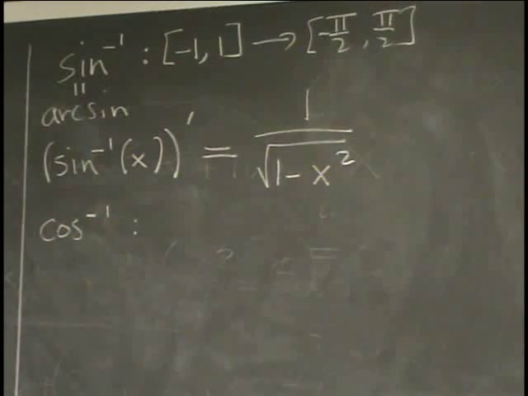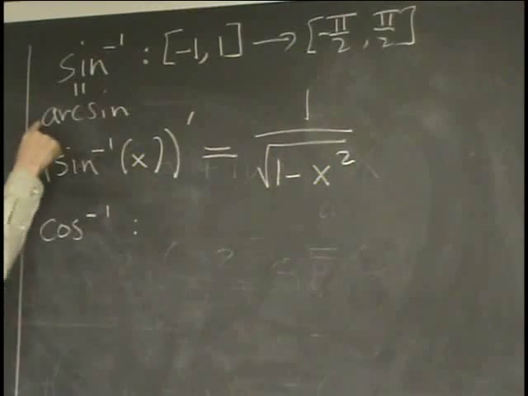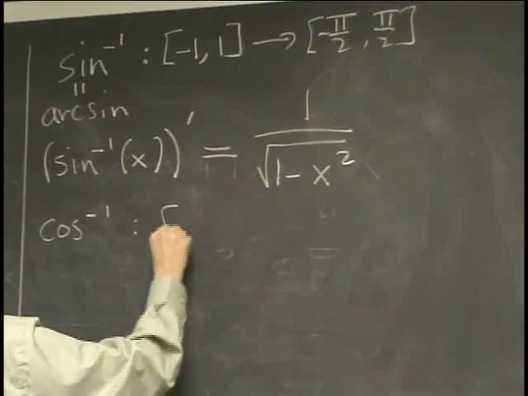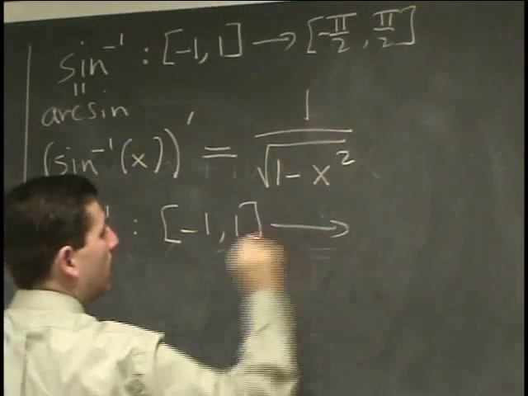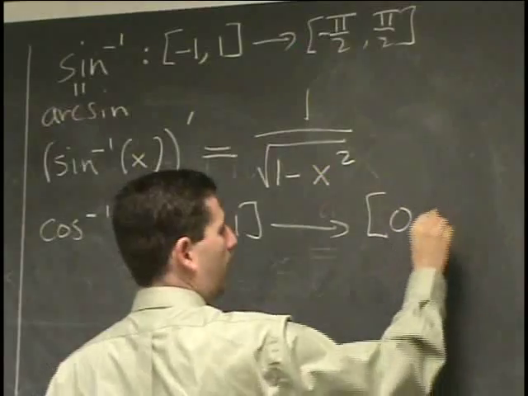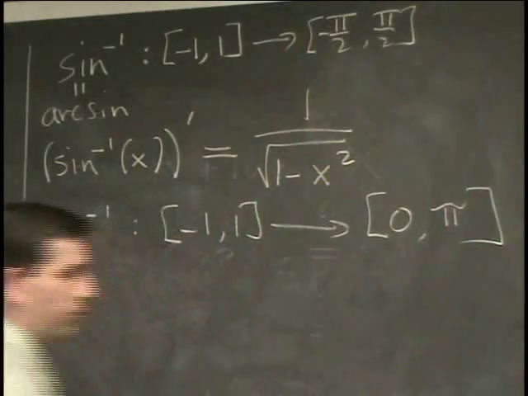Okay, then we computed the arc cosine, which, again, you could write as arc cosine. And this was, again, a function from -1 to 1. Right? And the range, well, it became the domain of some domain that you could restrict the cosine function to. And the correct one is 0 to pi.